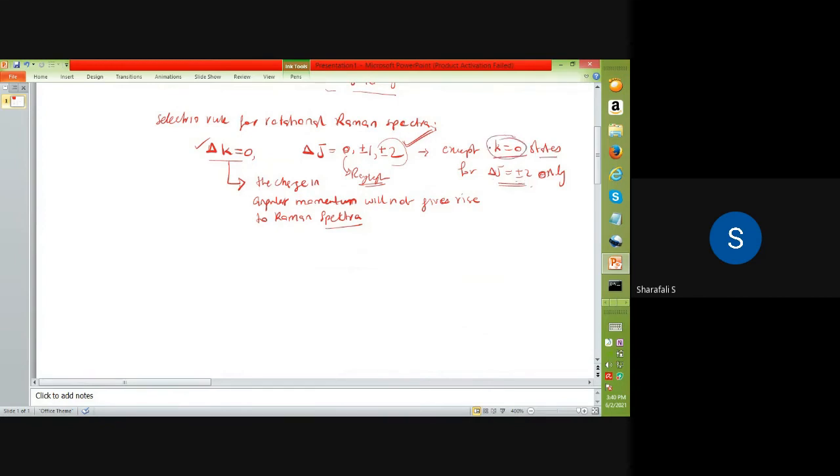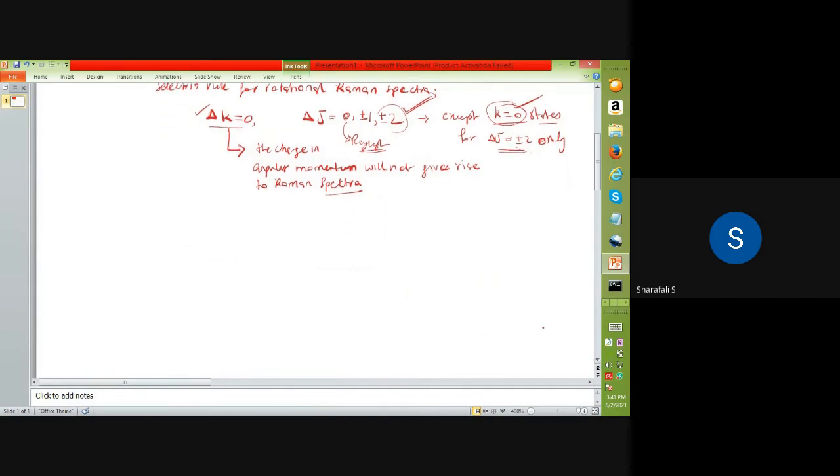So if you are considering k equal to 0 state, that is the ground state of that particular quantum number, and in that case, we should treat only delta j equal to plus or minus 2. We cannot take delta j equal to plus 1. So there is an exceptional case for this value of k equal to 0, because at that time j is also 0, and you have to consider delta j equal to plus or minus 2 as your transition.